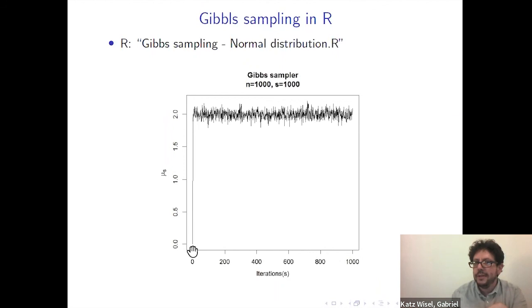And as you can see in this figure, I start generating samples for mu out of a normal distribution. Originally, the values are kind of all over the place, but pretty quickly they stabilize around a value of 2. They reach their equilibrium. So the posterior mean of mu is going to be centered around 2.